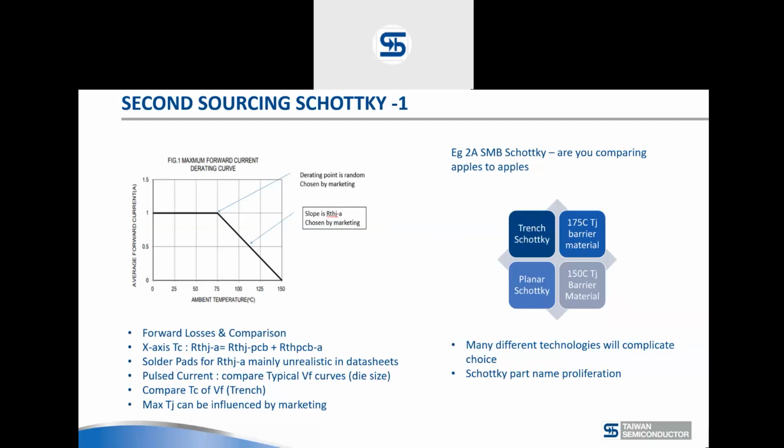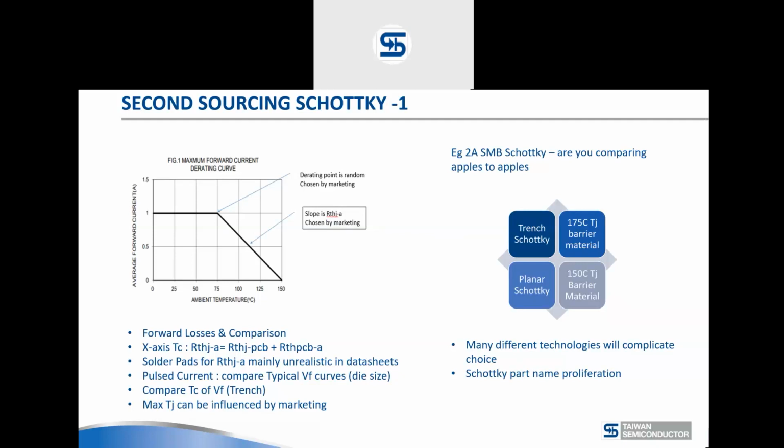Also, watch out that the solder pads that we use, and everybody else uses, to measure thermal resistance are unrealistically big. For example, we usually measure a small SMA package on a 5 millimeter by 5 millimeter pad, whereas the recommended solder pads are just over 1 millimeter, and that's what most people use because that's how people solder them. So watch out for these junction to ambient thermal resistance values and measure them in your circuit.